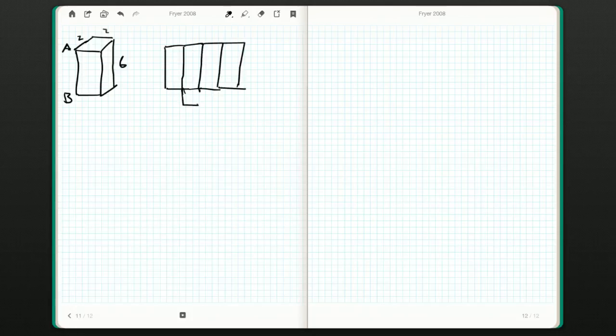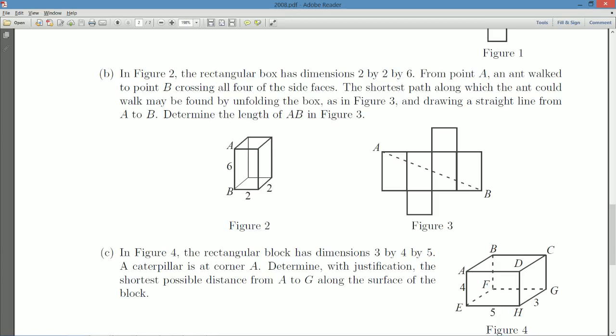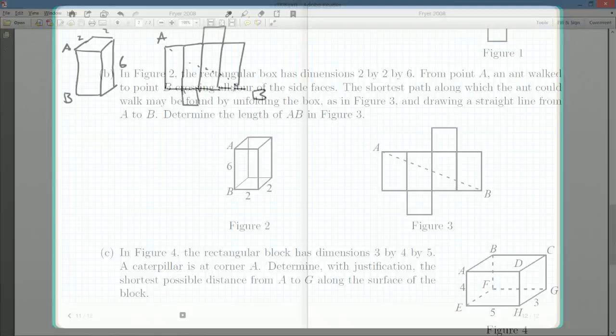I think our net looked like this. We had A, and we have B. Yeah. Okay, so we've drawn our net properly.